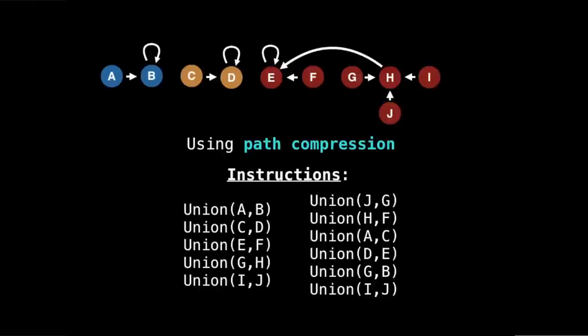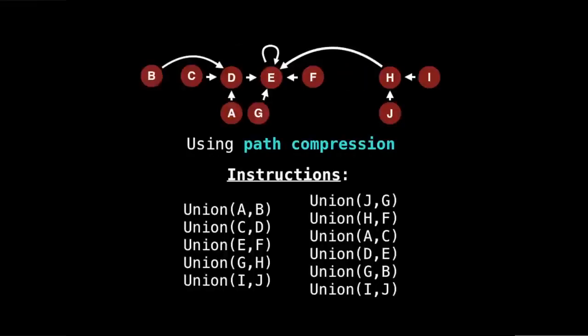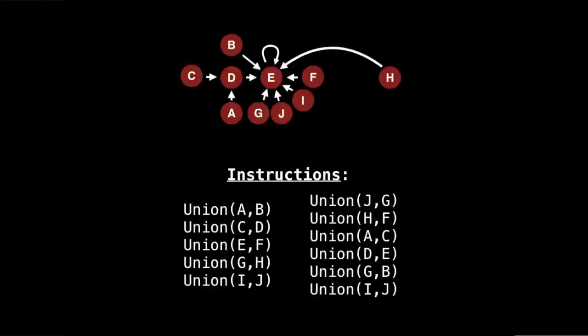And then I keep executing more instructions, but as I'm doing it, the path gets compressed dynamically. So I'm getting more and more compression, and even up to the very end. So on the last example, we hadn't even finished all the instructions and we have reached the final state.